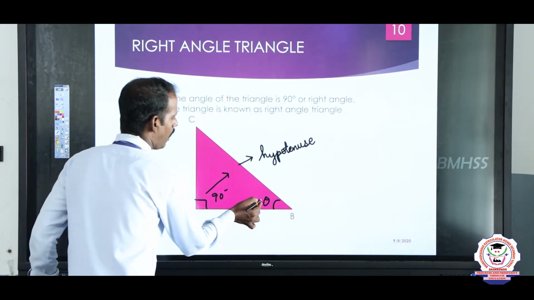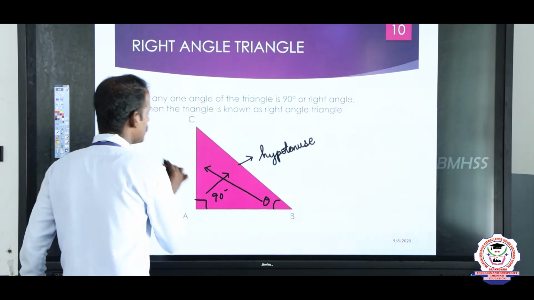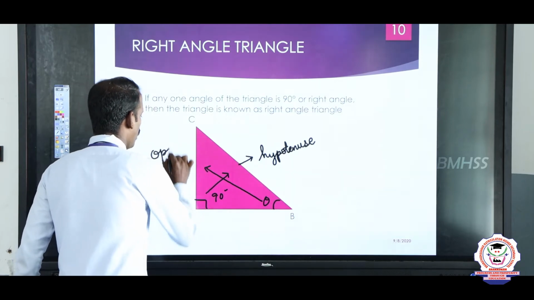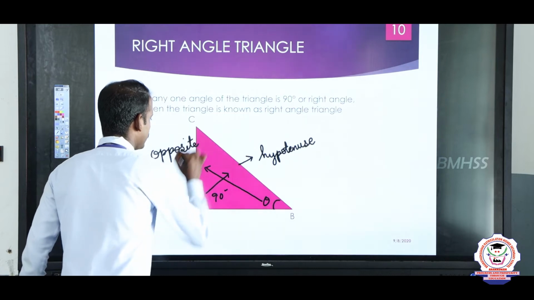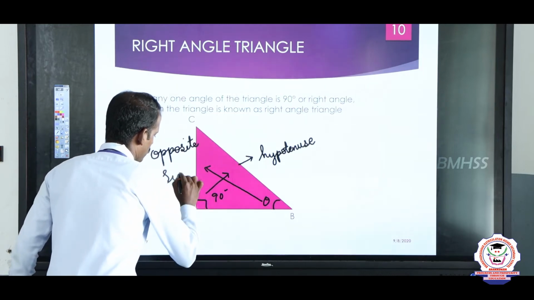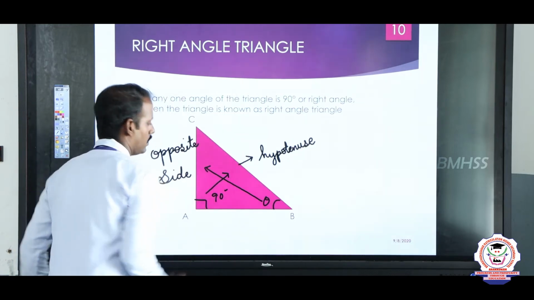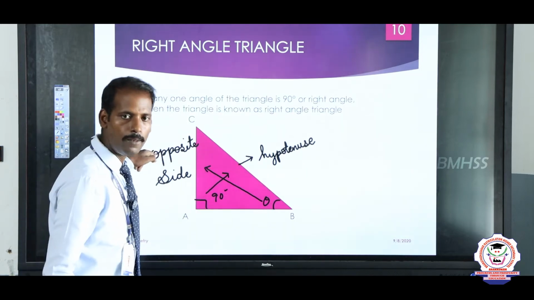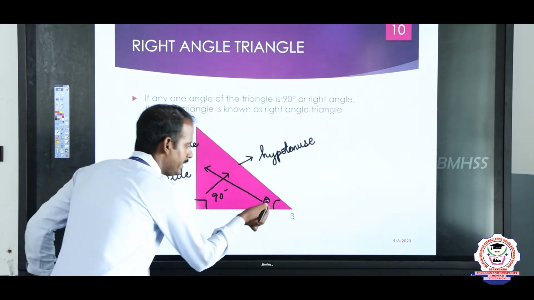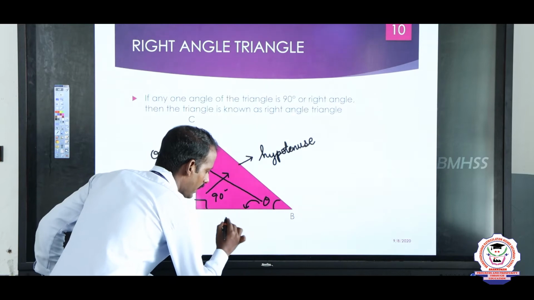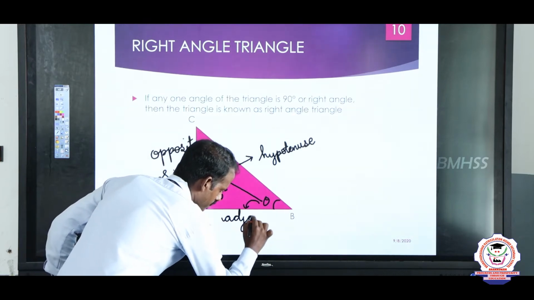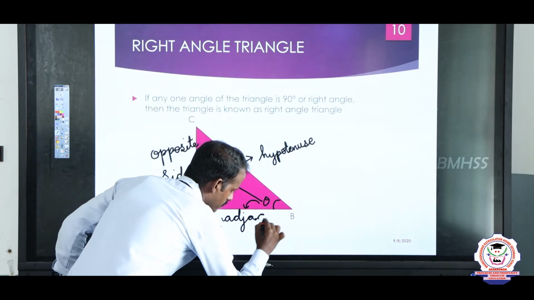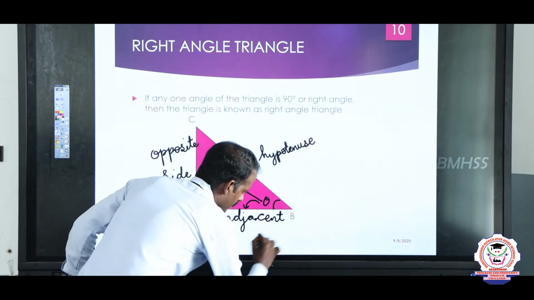The side opposite theta is called the opposite side. The side adjacent to theta is called the adjacent side.